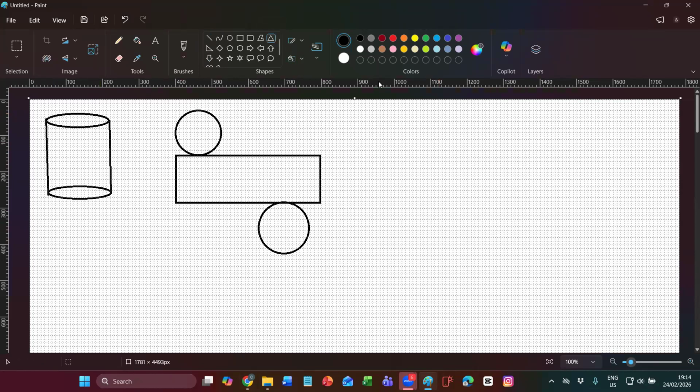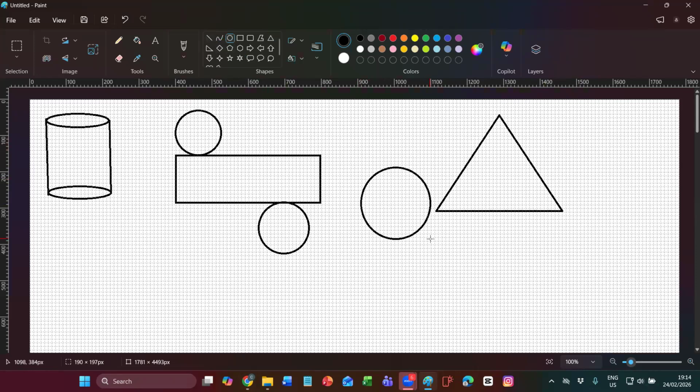Let me do as if I want to draw a triangle. Let me see, I want to do a bit of cheating here.